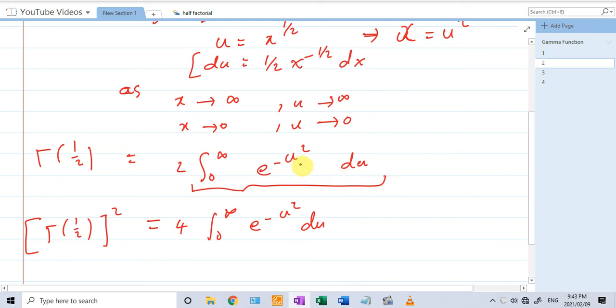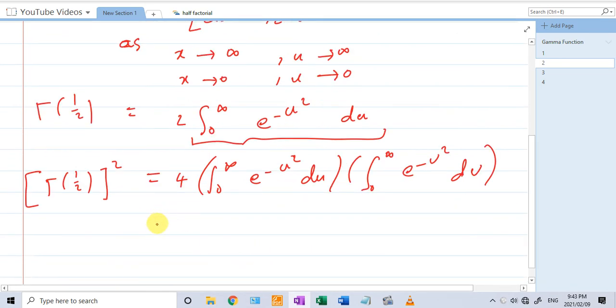Remember, you can also use another variable if you like, so you can multiply it by the integral from 0 to infinity of e to the power negative v squared dv. It's the same thing, which is equal to 4 times the double integral from 0 to infinity of e to the power negative, combining these two, u squared plus v squared du dv.